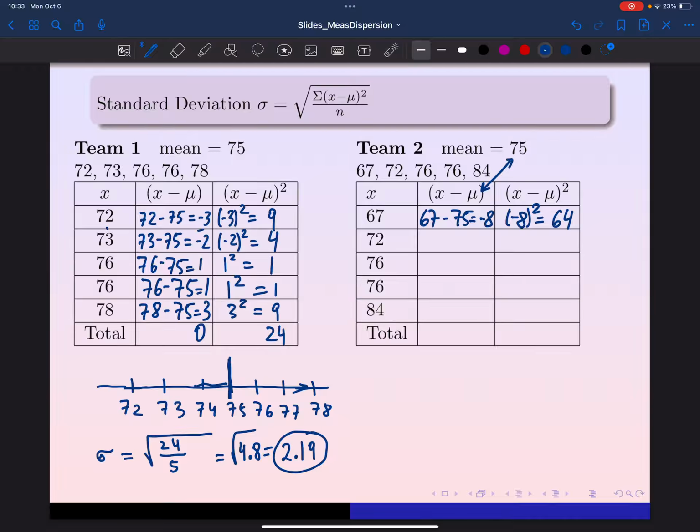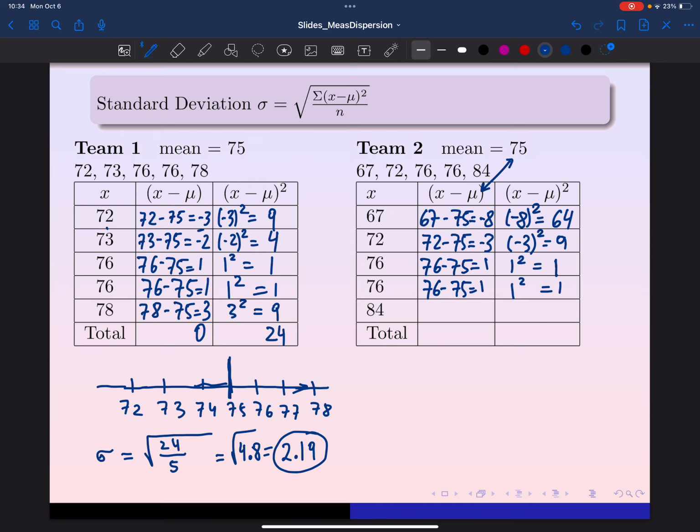Then we take the next member, 72, minus the average. So we have 72 minus 75. That gives me negative 3. Minus 3 squared is 9. Then we have 76 minus 75. That gives me 1. So 1 squared is 1. The same for this. 76 minus 75 is 1. 1 squared is 1.